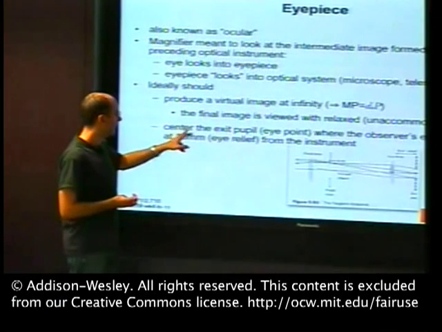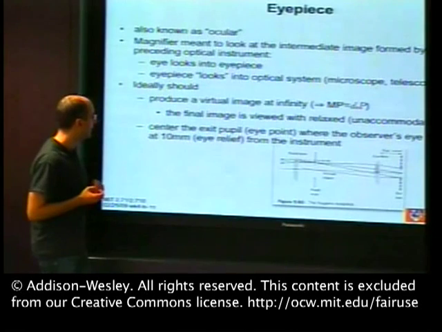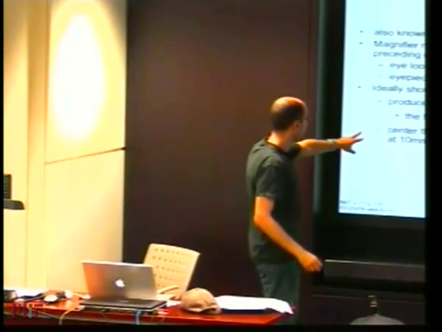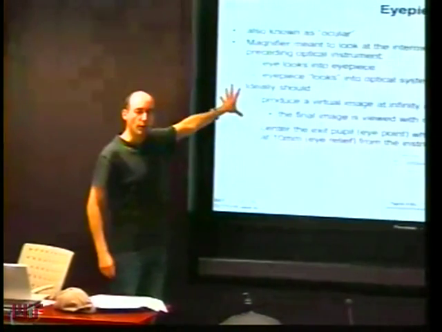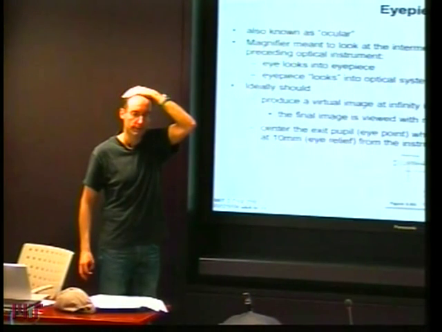It says, center the exit pupil eye point where the observer's eye is placed at 10 millimeters from the instrument. That doesn't mean much, but I will describe what this means in a second when I talk about the microscope. Notwithstanding this last point, any questions about the eyepiece or the magnifier or anything of that sort?